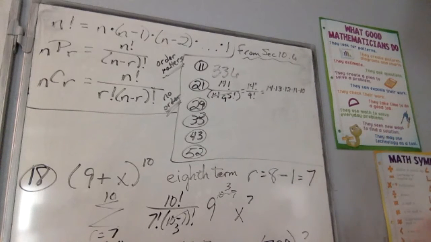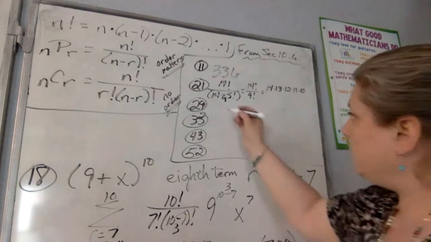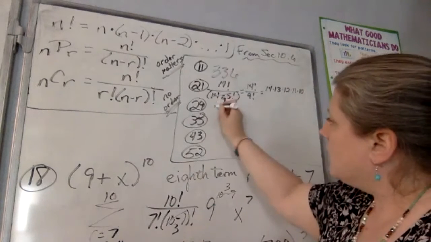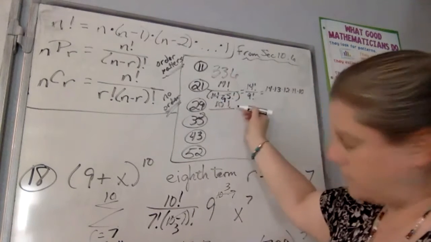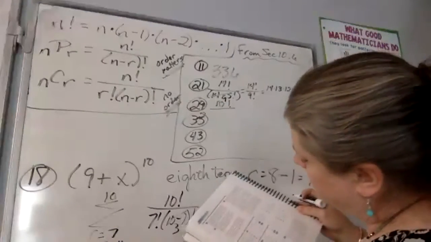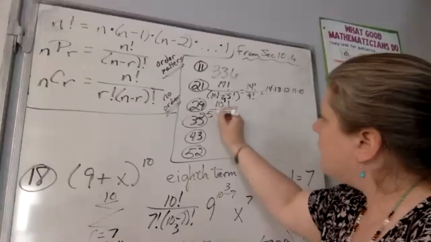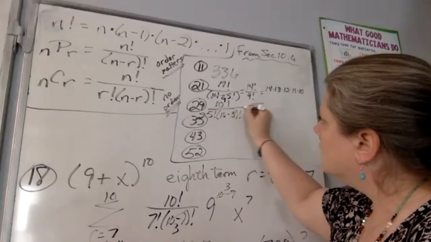When it is a permutation, that's the formula used. When it's a combination, like 29 and 35, your formula is a little bit different. Number 29, you had 10 factorial over 5 factorial, 10 minus 5 factorial.